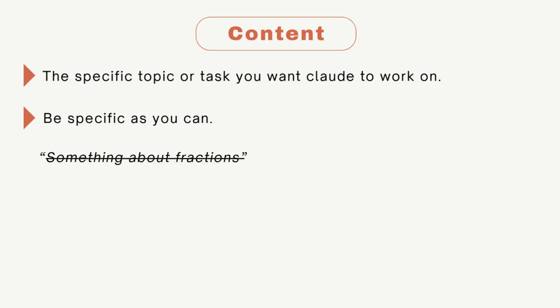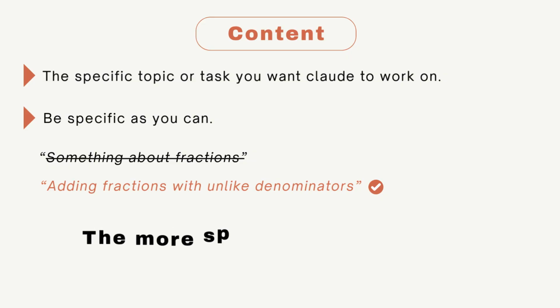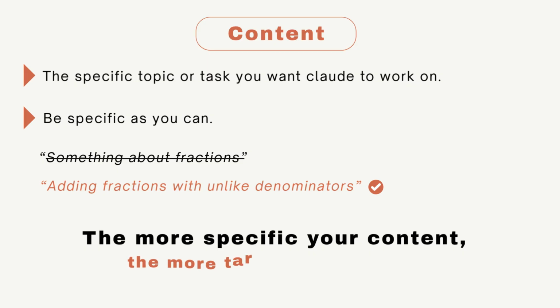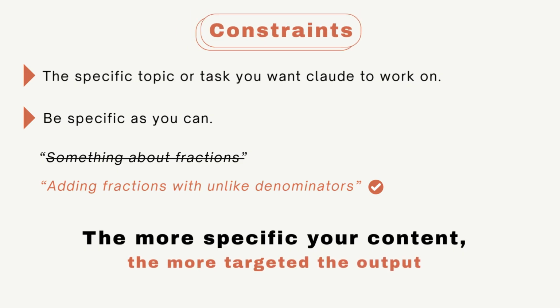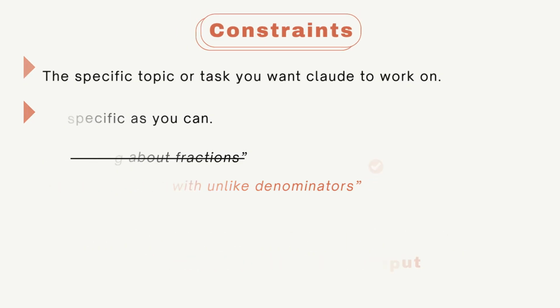If I ask Claude to provide me with the following content about adding fractions with unlike denominators, that is specific content. 1 or 2 sentences to provide Claude with a brief overview about the content, but they transform everything that follows. So the more specific my content is, the more targeted the output will be.